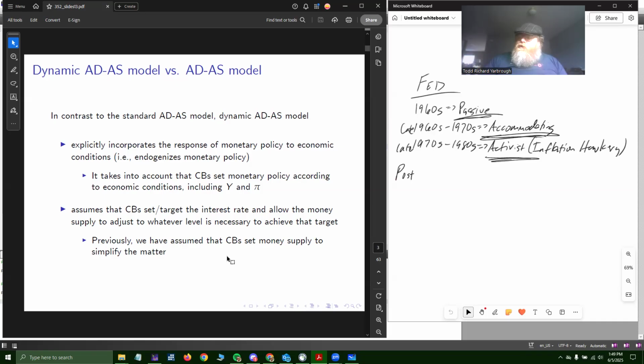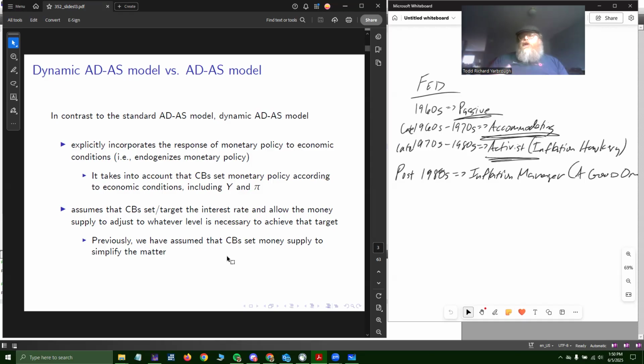And then post 1980s, I would describe the Fed as really just being an inflation manager, and a good one at that. So part of that process is that Fed central bank policy became much more consistent, much more understandable.